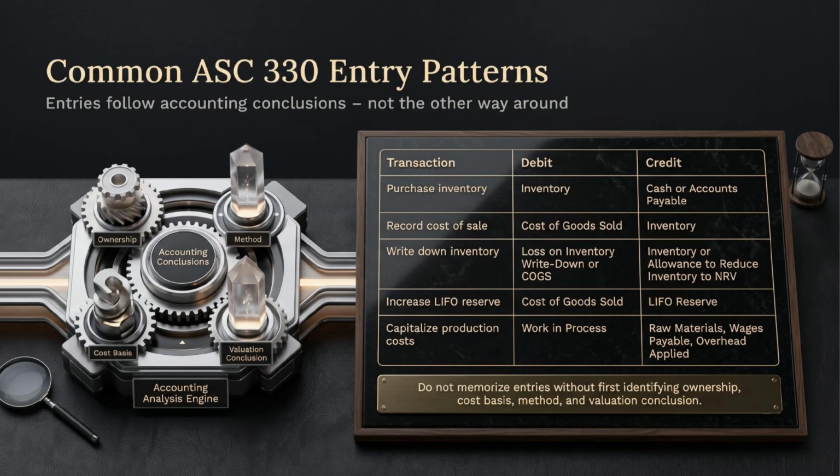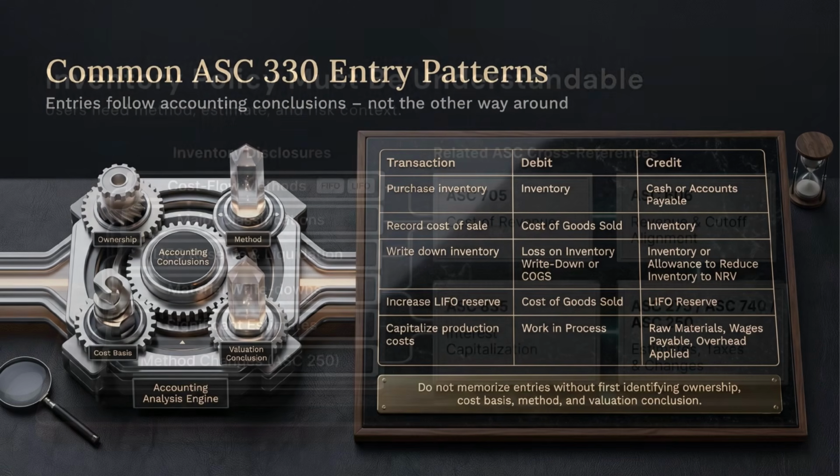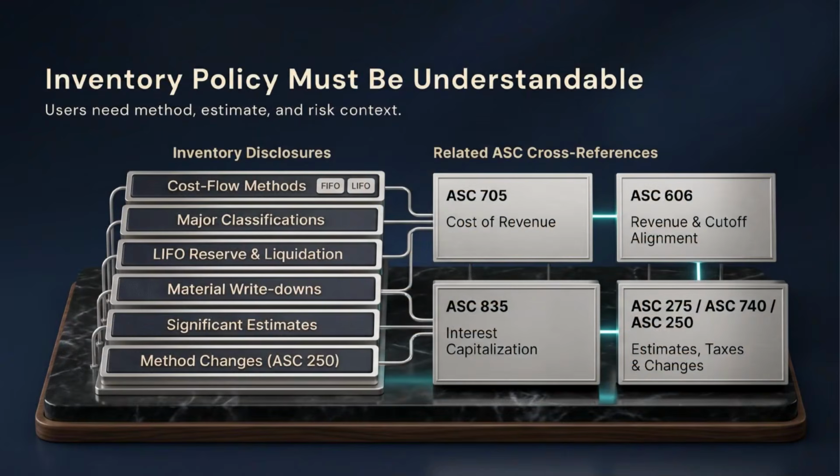Do not memorize the entry before identifying ownership, cost basis, method, and valuation conclusion. Inventory policy must be understandable to financial statement users. Disclosures should explain the cost flow method or methods used, such as first in, first out, last in, first out, average, or specific identification.